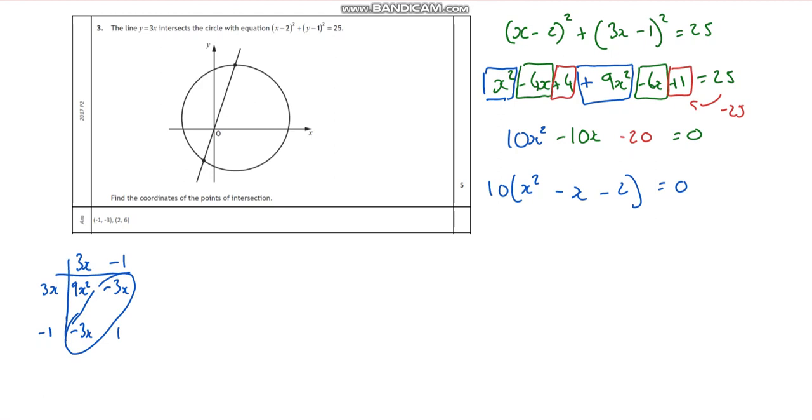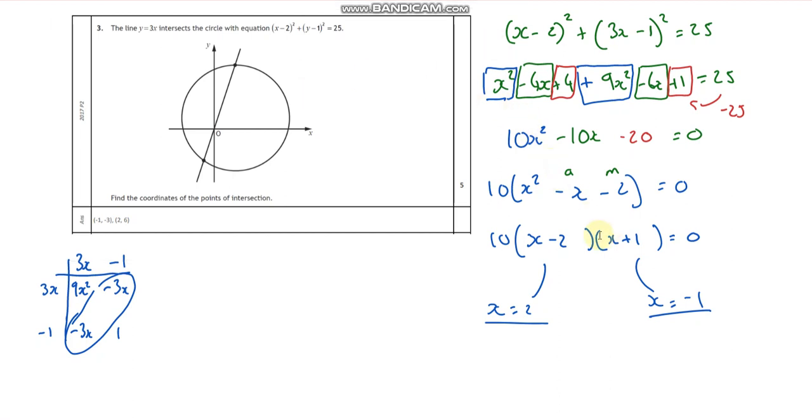So I'm trying to factorise, add to negative 1, multiply to negative 2, so I've got x, negative 2, x plus 1, that's good to me, equals 0. So I've got a solution of x is 2, and I've got a solution of x is negative 1.